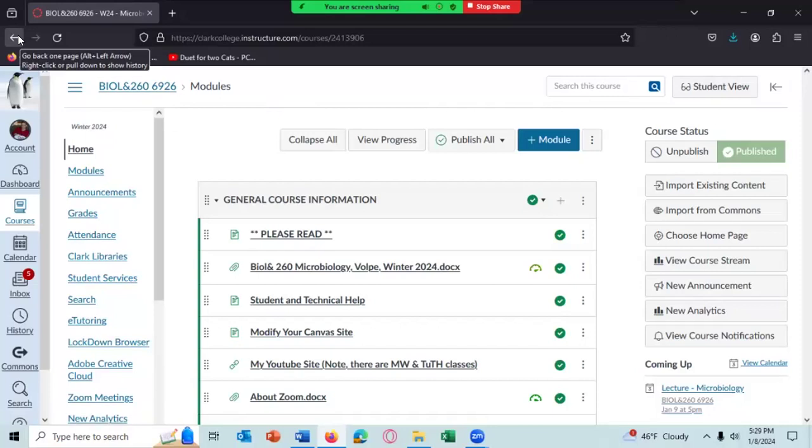Hopefully, when it tells you an assignment is due, generally they're due on Saturday, so it doesn't matter if you're in the Monday, Wednesday, or the Tuesday, Thursday. But you are in the correct class, and Canvas has you in the correct class. It's just that the Canvas catalog has gotten screwed up. And I think I know why that may have been. And hopefully the catalog will straighten itself out.